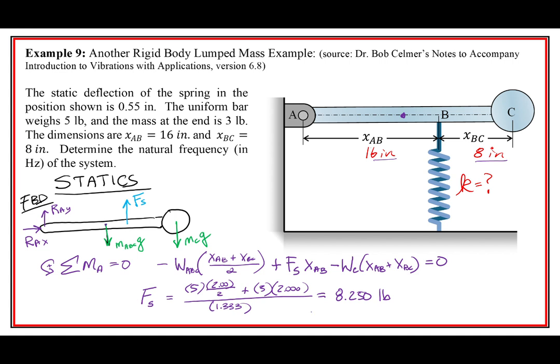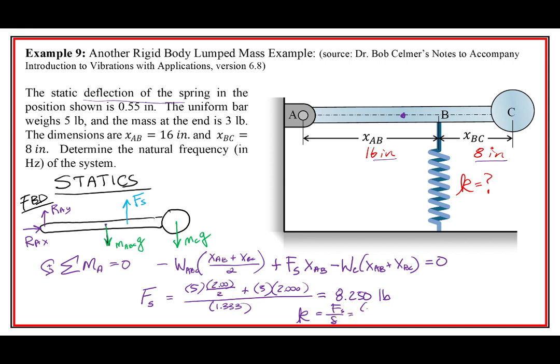All right, so that's the force, and the position is okay. So the static deflection, right? We want K to be F over delta, which is F_S over delta.